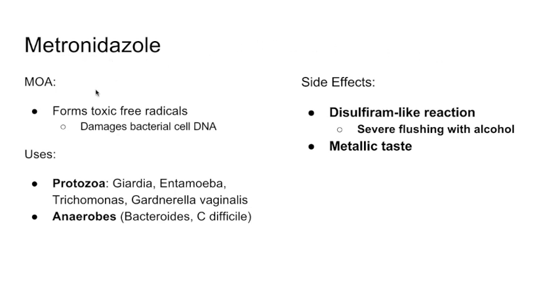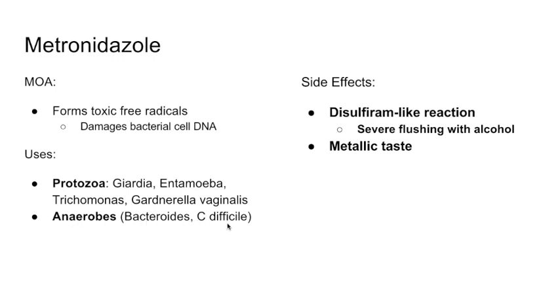And metronidazole is sort of a weird antibiotic. It actually forms toxic free radicals, and these free radicals go after the DNA and damage the DNA, so the DNA can't replicate.